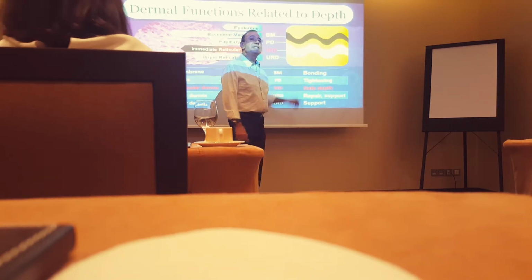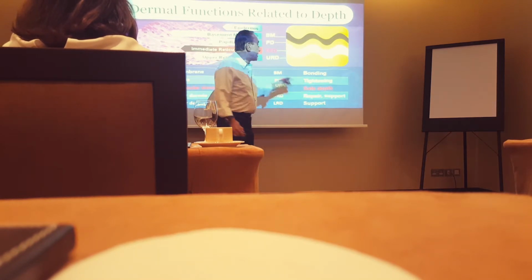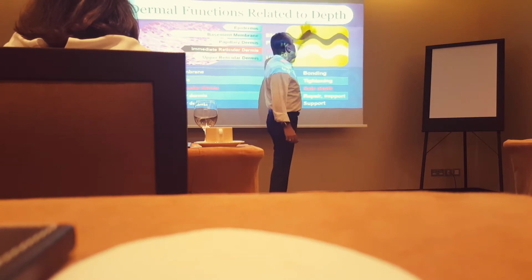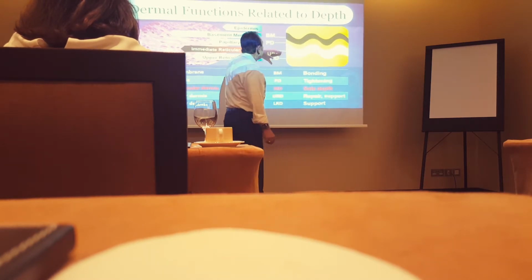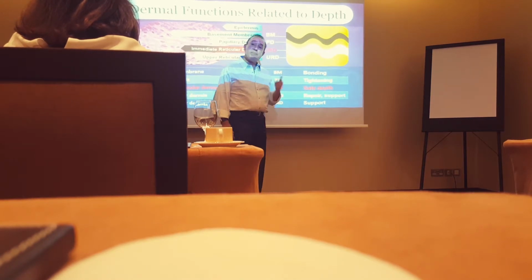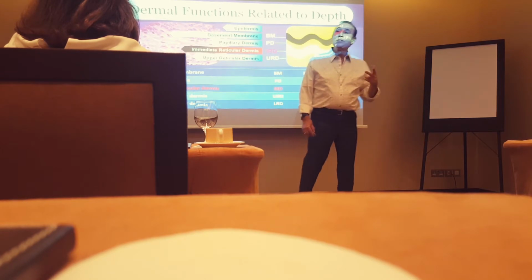That is the safe depth. Now, that's a new discovery. Safe depth means, if I do any laser resurfacing, any peel, and I don't go below that, the patient will never have hypopigmentation, keloid scars, or damaged texture.